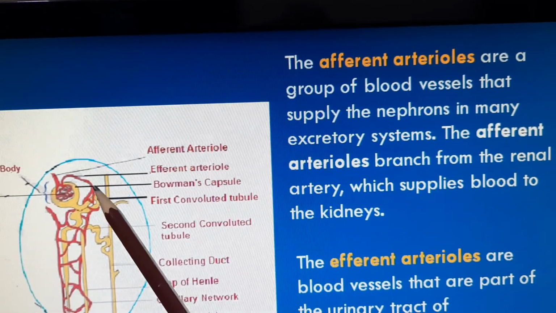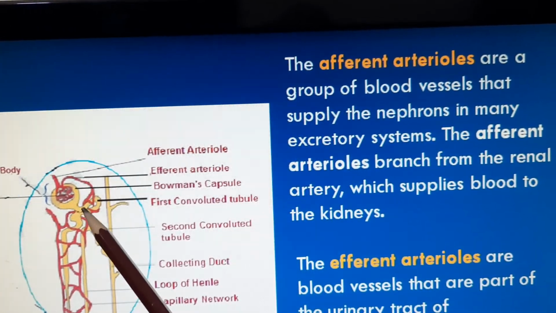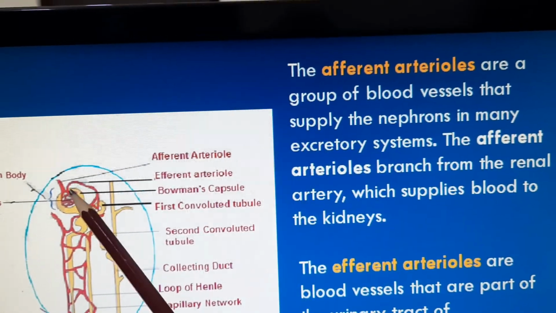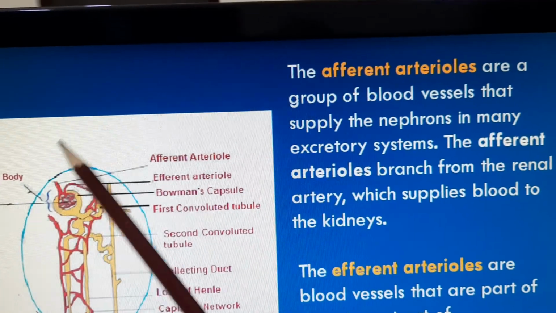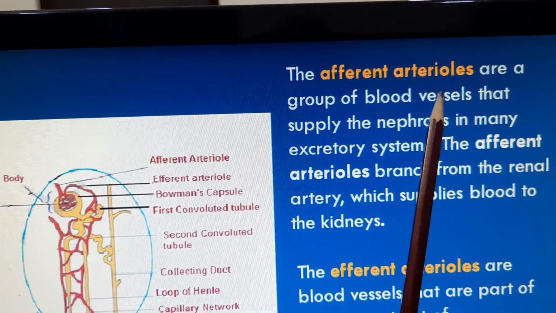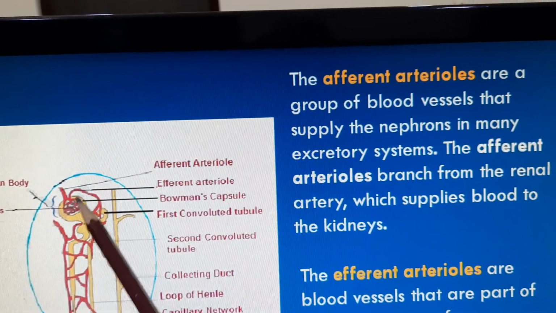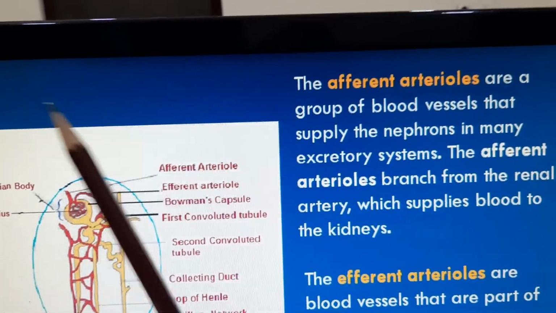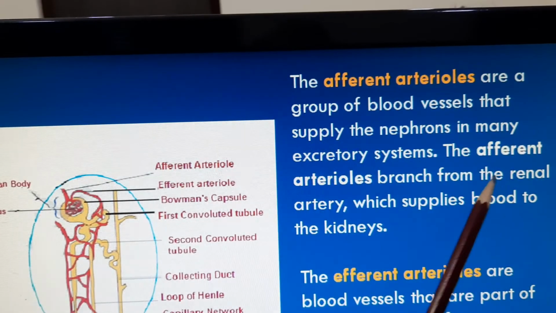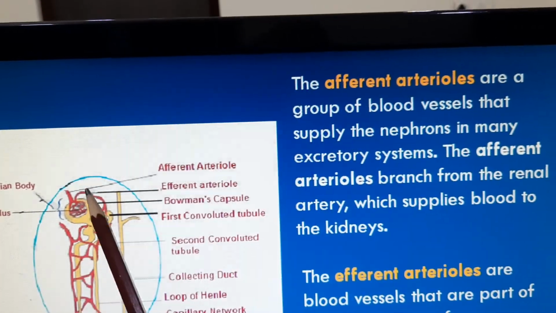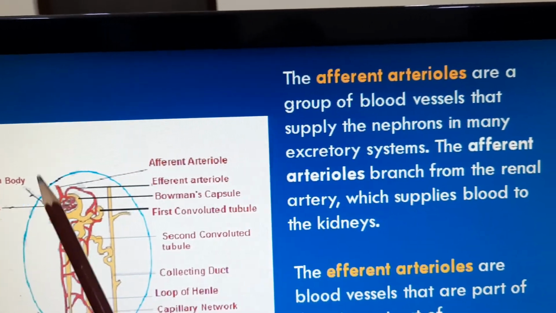The afferent arteriole branches from the renal artery, which supplies blood to the kidneys.